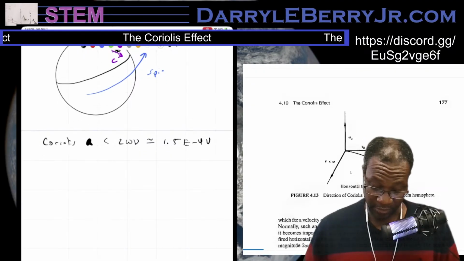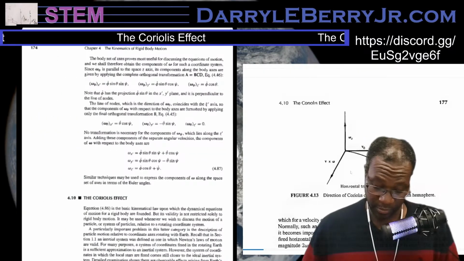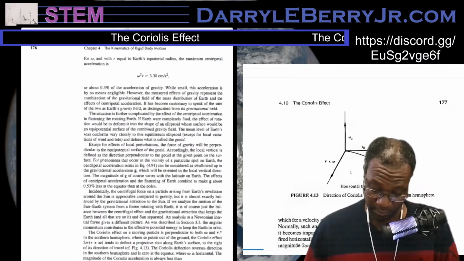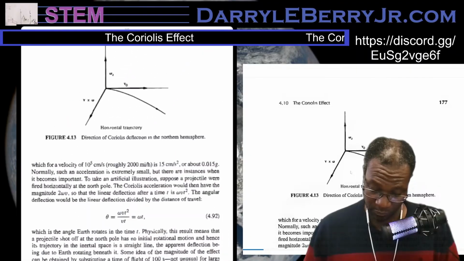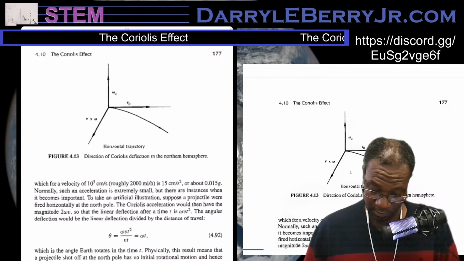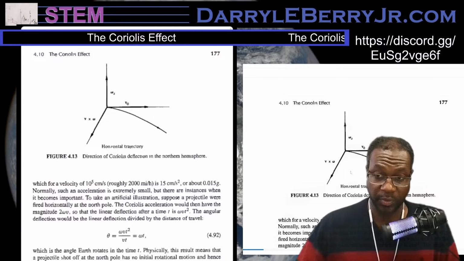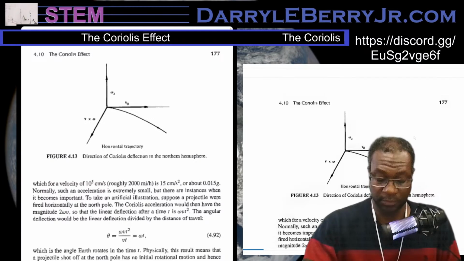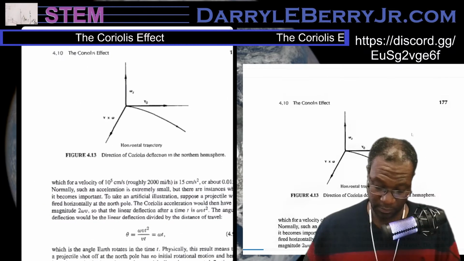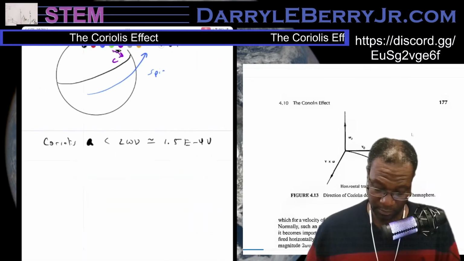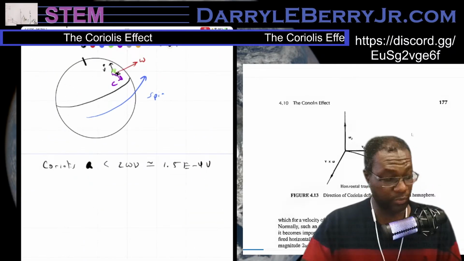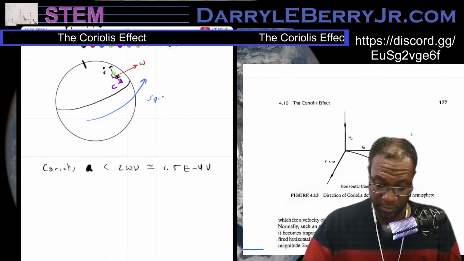So the book actually gives us the image. Should redraw it here.